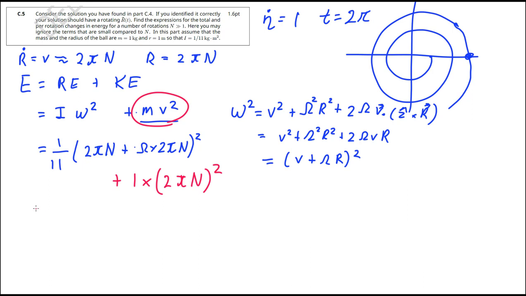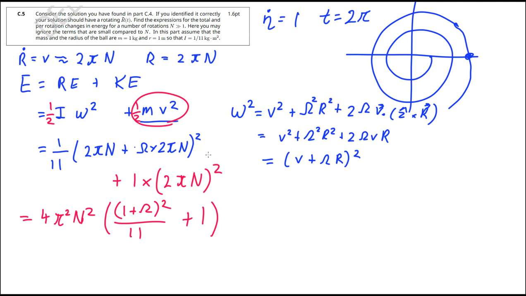If we put all that together, we can factorize out the 4 pi squared n squared. Sorry, I just realized I did a bad thing. You guys are going to get me in a lot of trouble for this. Of course, it's half I omega squared and half m v squared, so all this is multiplied by a half. So this is actually 2 pi squared, not 4 pi squared.